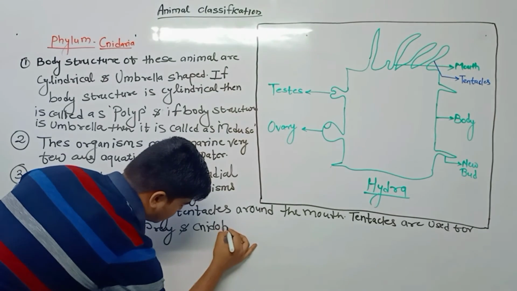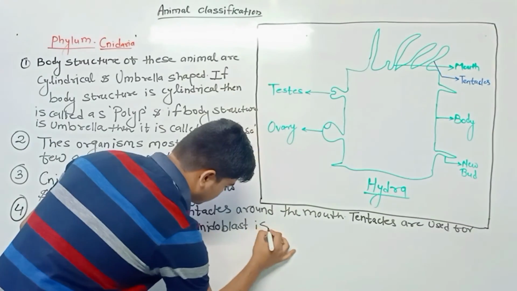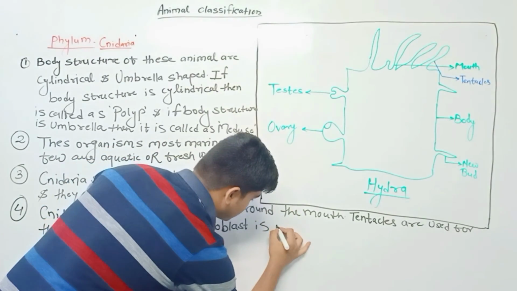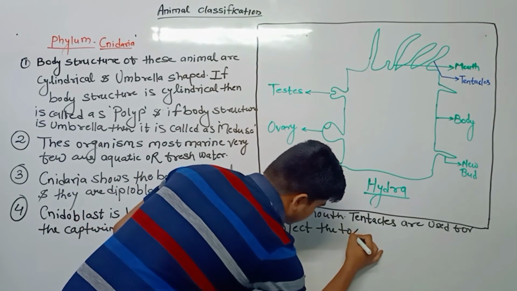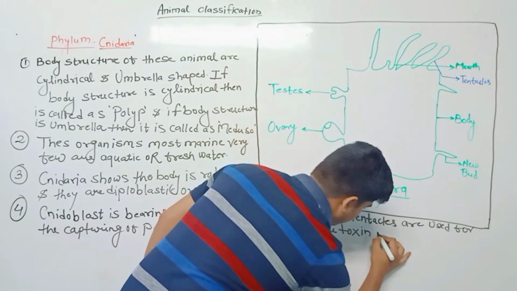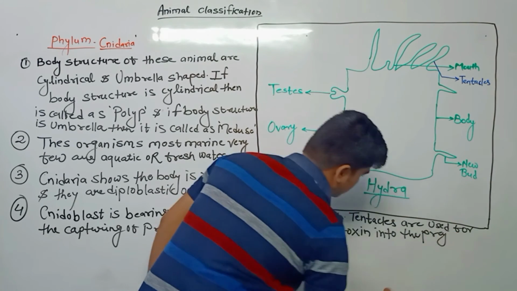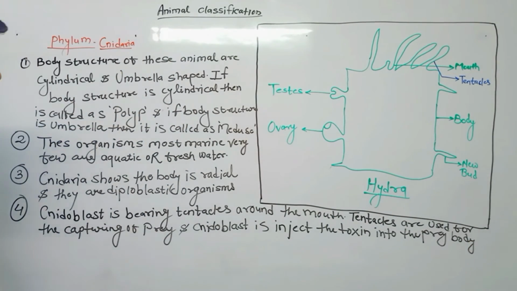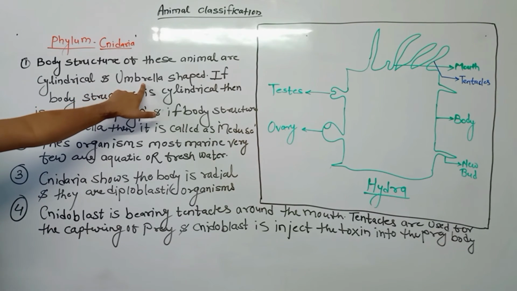And Cnidoblast injects the toxin into the prey body. Okay, so these are the characters of Cnidaria. They have a cylindrical and umbrella shaped body.